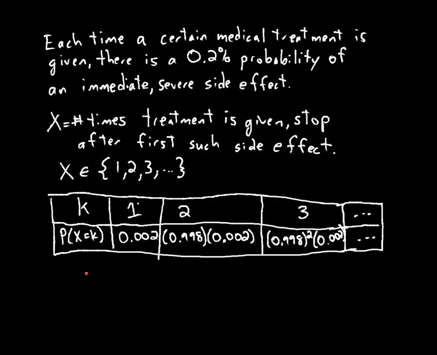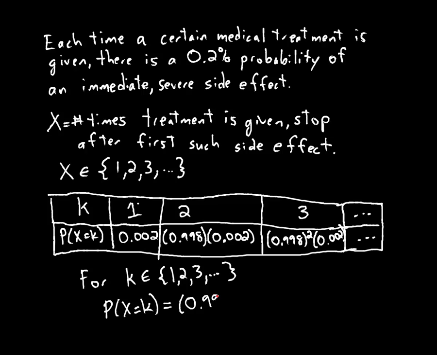So in general, for a positive integer k, and a lot of times somebody will just put k greater than or equal to 1 for this and understand that it's an integer, we have that the probability that x is equal to k is, well, we have to factor in the probability that the first k-1 trials do not result in a side effect, and that's 0.998 to the power of k-1, and then we have to multiply by the probability that that last treatment does result in a side effect.